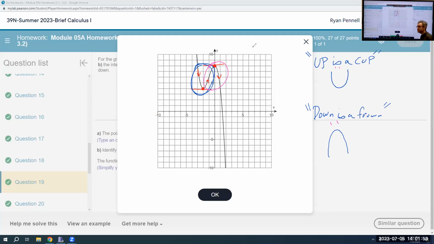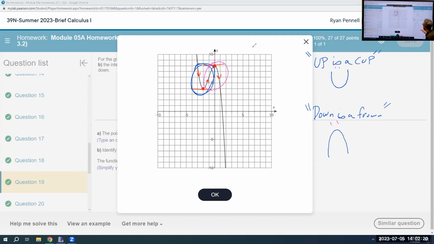The good thing is, our English, well, I'll say American idea of up, positive, smiley face, all consistent. So it's very easy to remember. Smiley face, up, positive. Down, negative, frown. At least all those line up with each other.